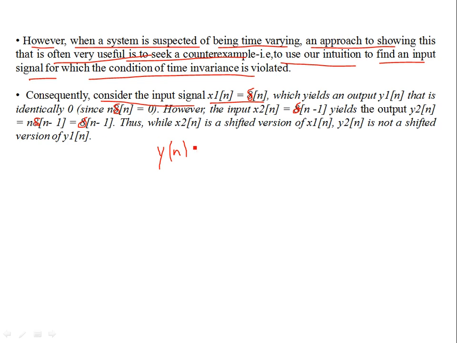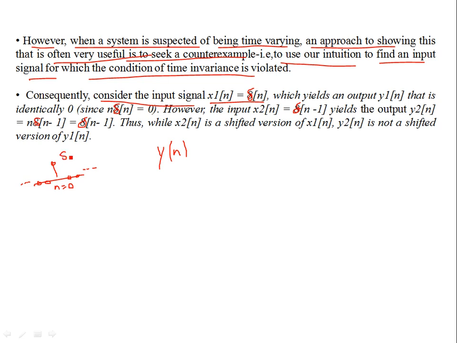This is a discrete impulse, a unit sample that exists only at n equal to 0, otherwise it's 0 elsewhere. Like this, dot, dot, dot.